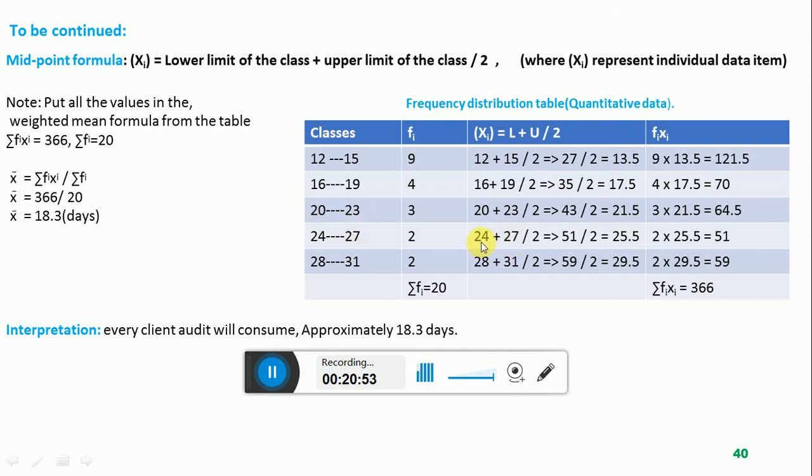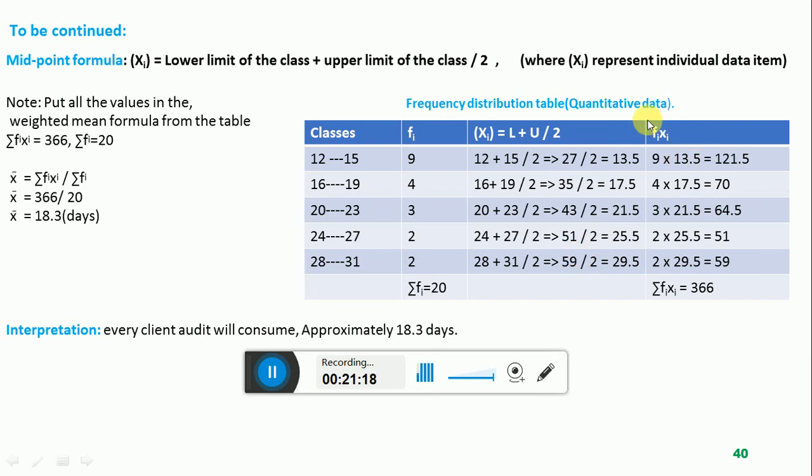Add both values, 24 plus 27, whole divided by 2. This implies 51 divided by 2, equal to 25.5. In this way, students, you can compute the data item for the fifth class as well. Just simply add the lower limit and upper limit of the class and divide by 2.